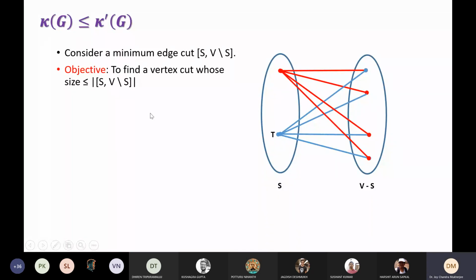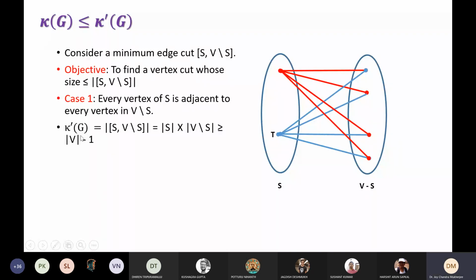Case 1 is an easier case. Every vertex of S is adjacent to every vertex of V minus S. In that case, what will be the size of this cut? It is mod S into mod V minus S. For example, there are 2 and there are 4, so 2 into 4, 8 edges will be there.